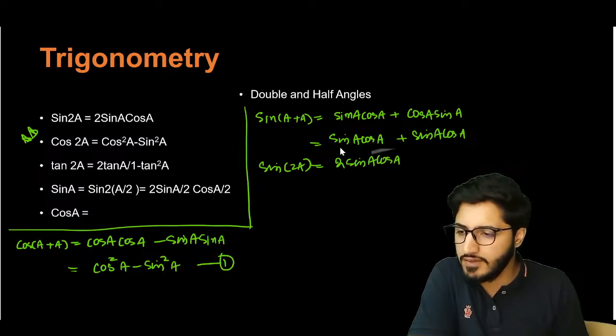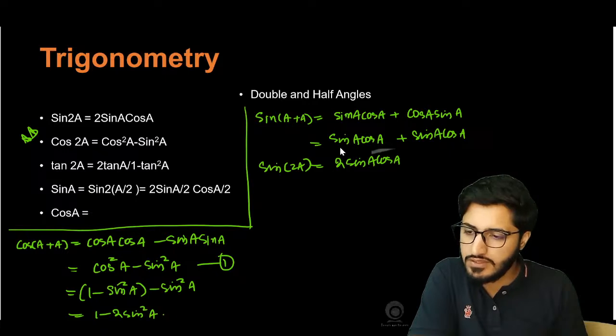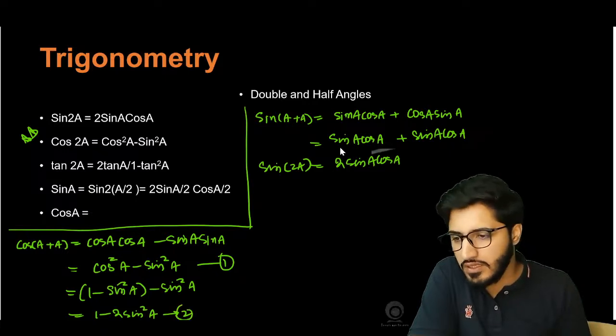One identity. Now I can represent cos square A by 1 minus sin square A, and minus sin square A. This will become 1 minus 2 times sin square A. Second identity.